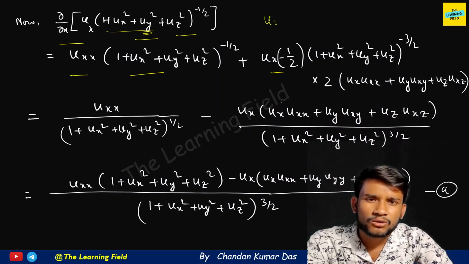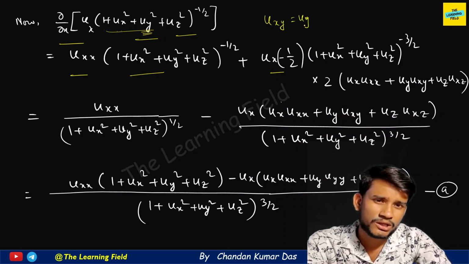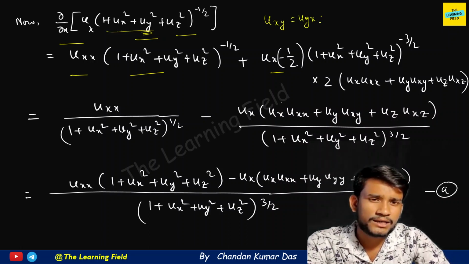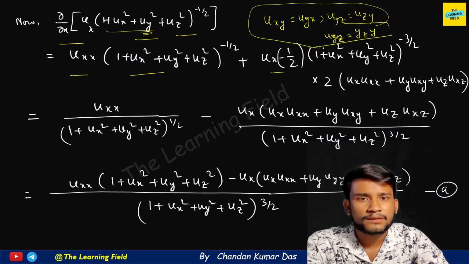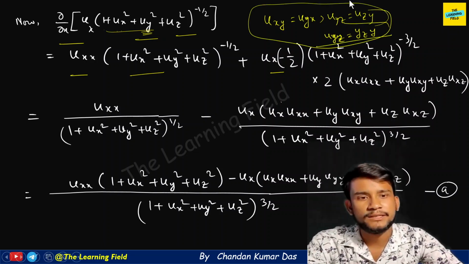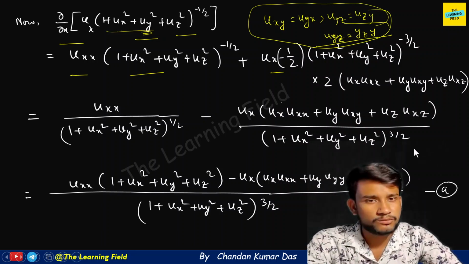And here we already also use that uxy is equal to uyx, uyz is equal to uzy, and uxz is equal to uzx. We take these three easily, or we assume that this holds.